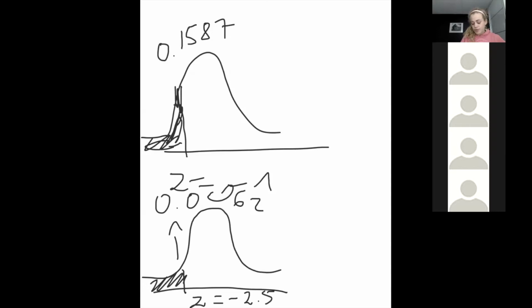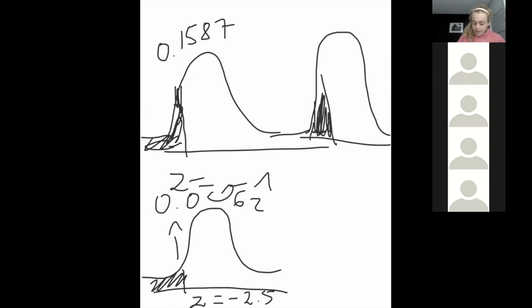So you want to calculate the difference between these two. So you want to have this area that is not included in the first one, and it's not included in the second one.